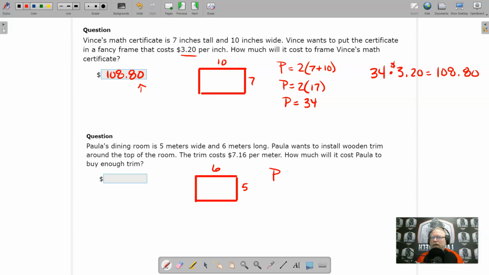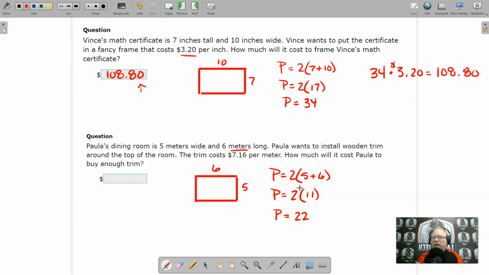So again, we're going to do perimeter equals 2 times the side lengths of 5 and 6. So perimeter equals 2 times, and 5 plus 6 is 11. And so therefore perimeter equals 22. So we know that's 22, what, feet is it? Oh, meters.